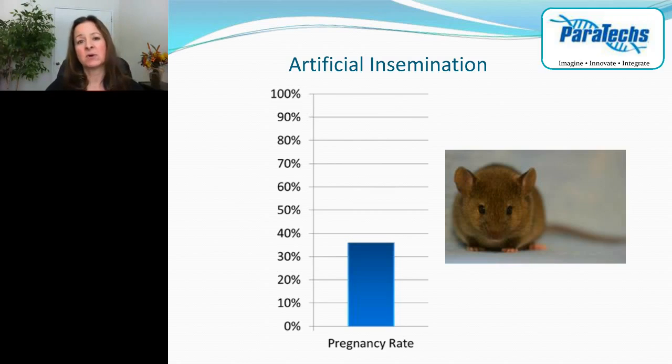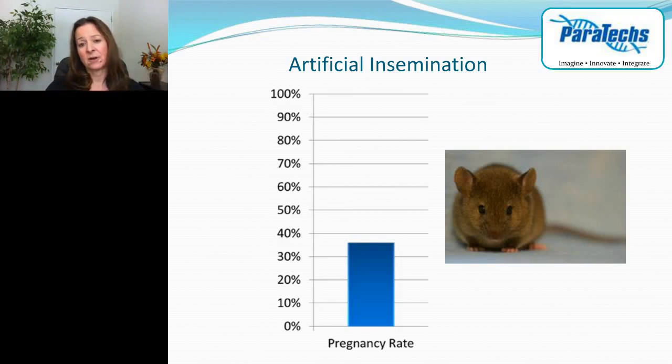CD1 mice are very docile and easy to handle, and I've never been bitten by a CD1 mouse doing this procedure. Having said that, some of the other strains that we've compared the CD1 mouse to for pregnancy rate and embryo transfer efficiency, or birth rate, have been less happy about the procedure.